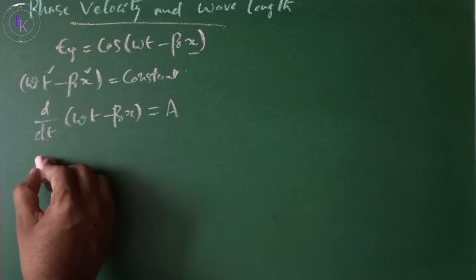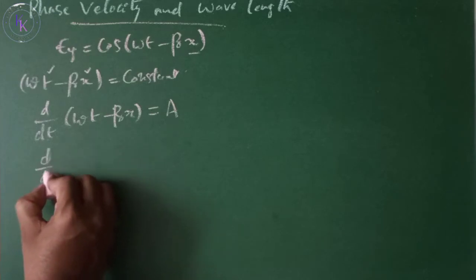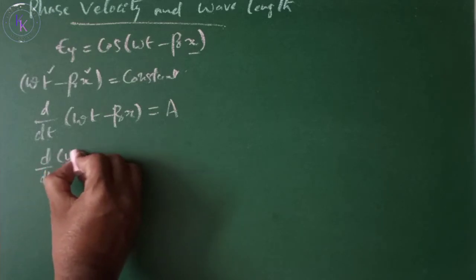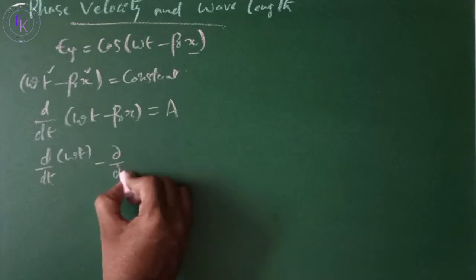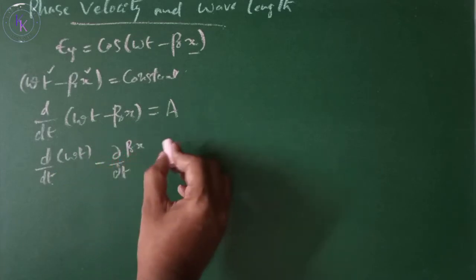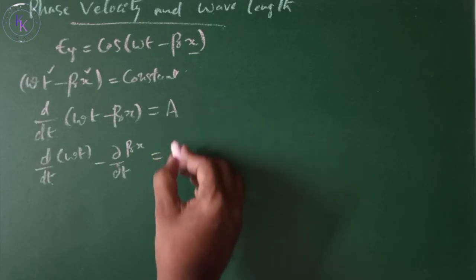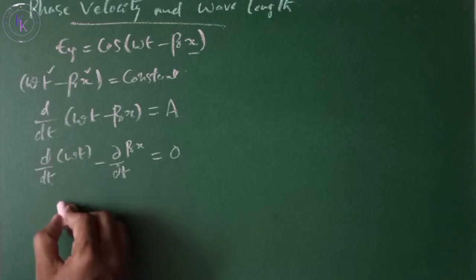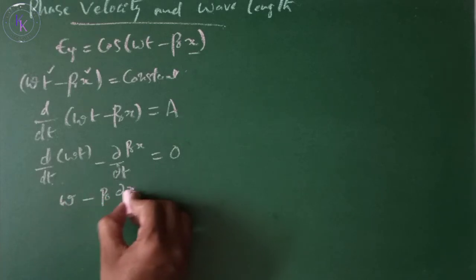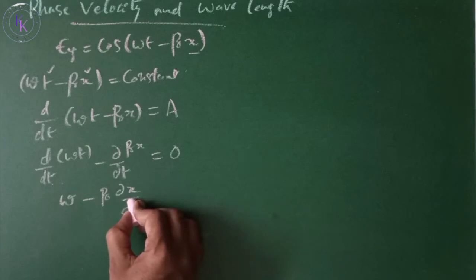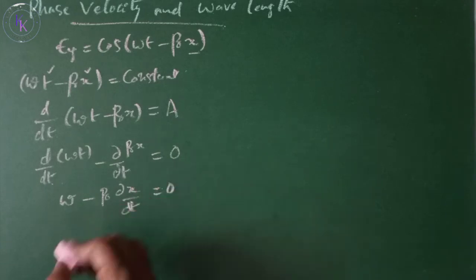Then d/dt of omega t minus d/dt of beta x equals d/dt of a. A is a constant, so it will be 0. Then this will be omega minus beta ∂x/∂t equals 0.